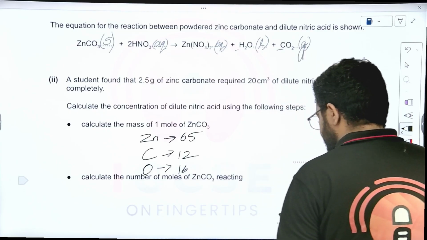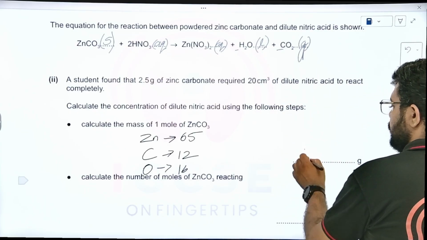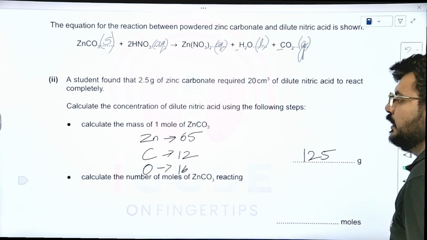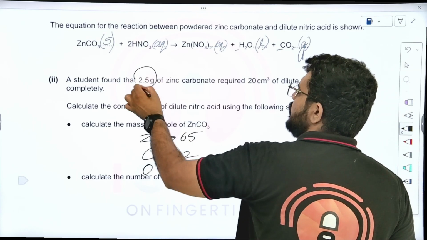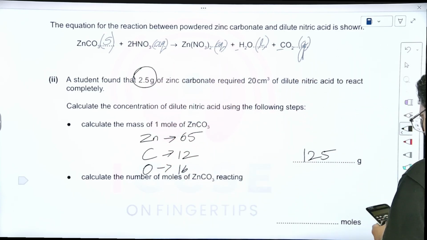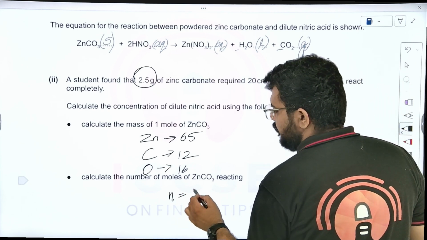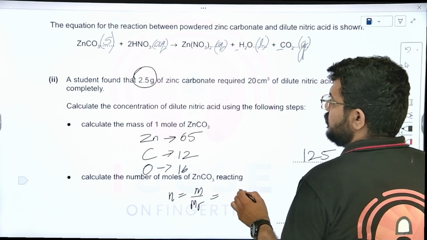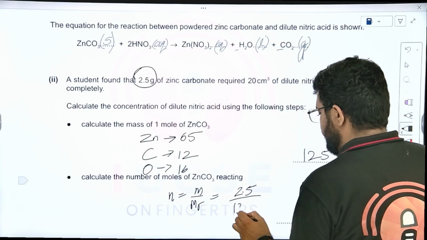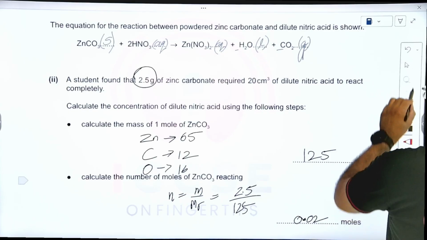So you have 65 plus 12 plus 48, 125 gram. Calculate the number of moles of ZnCO3 reacting. So they have told us that 2.5 gram reacts. So 2.5 divided by 125, right? N is equal to M upon MR. So we have 2.5 upon 125. The answer is 0.02 mole.